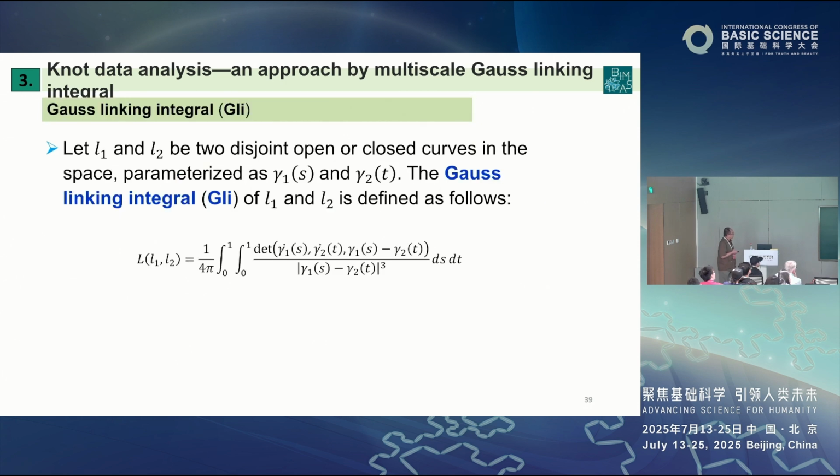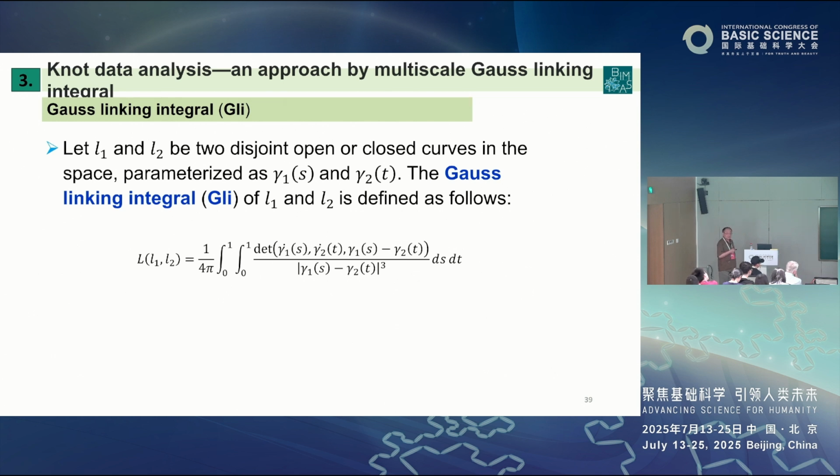So now we introduce the Gauss linking integral. Given two curves, which could be open or closed, that are disjoint in space and parameterized as gamma 1 and gamma 2, the Gauss linking integral of gamma 1 and gamma 2 is defined by this formula.